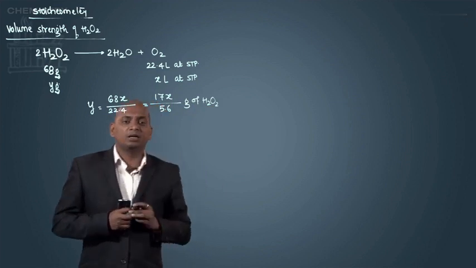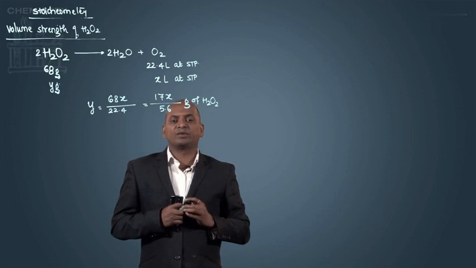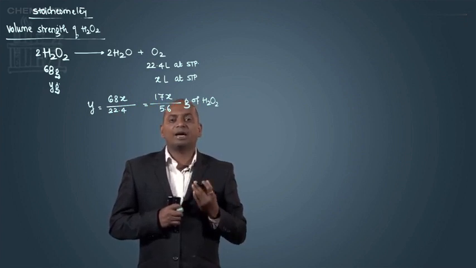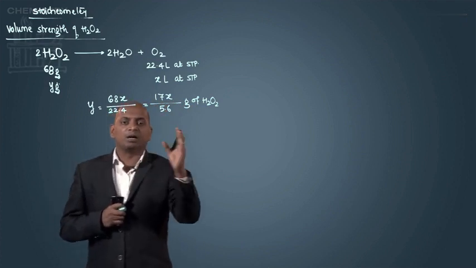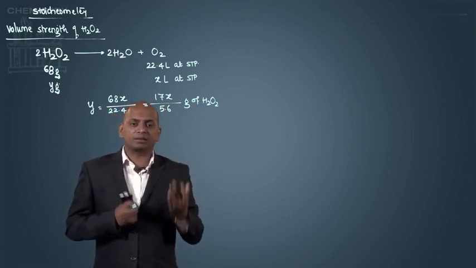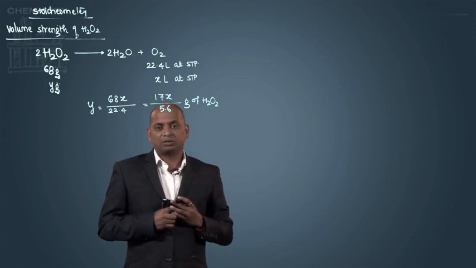So, we are getting now the mass of H2O2, the weight of H2O2. What do we have to proceed with? As we are determining mass, from mass we can go for percentage as well as we can go for normal strength also.